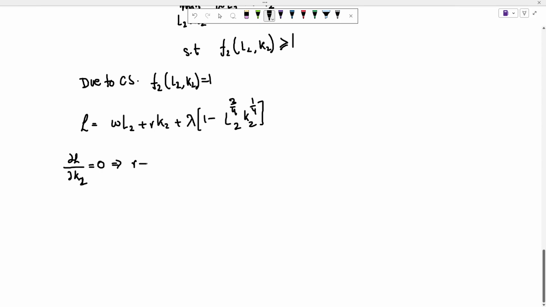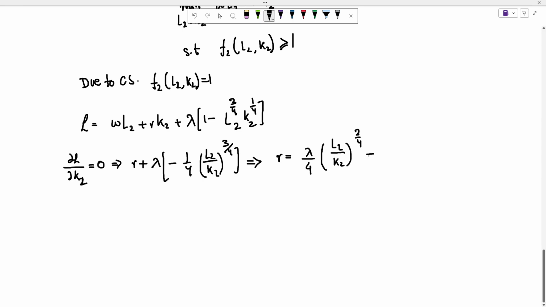This is going to give us R plus lambda times minus 1 by 4 L2 by K2 whole to the power 3 by 4, which gives R equals lambda by 4 L2 by K2 to the power 3 by 4, which gives lambda equals 4R K2 by L2 to the power 3 by 4, right? And this is going to give us what?